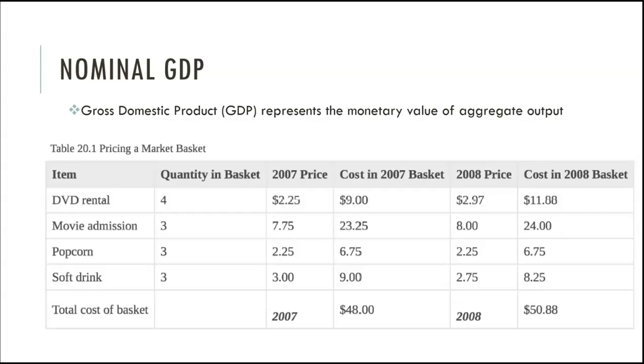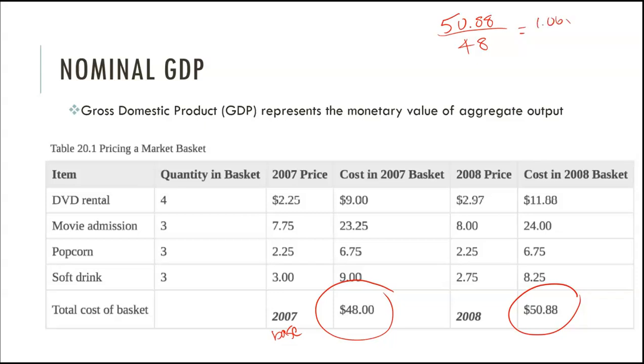So our basket of goods in our specific year is $50.88. We could say if 2007 is our base year, we're going to divide this by 48. Which gives us 1.06, and then multiply by 100, which is going to give us a price index of 106.